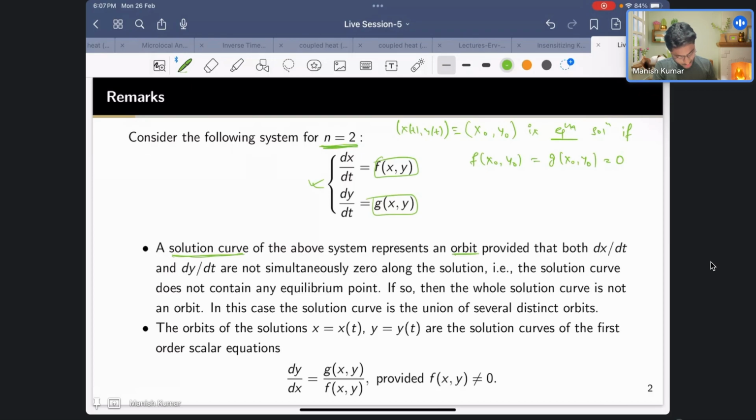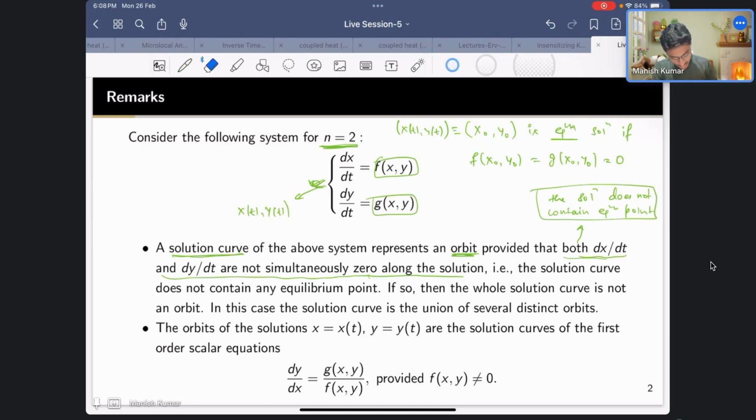So a solution curve of the above system represents an orbit provided that the solution does not contain the equilibrium point. This is what it means. So you have to solve this system, and solving this system will give me this x(t) comma y(t), which is the solution curve, correct?